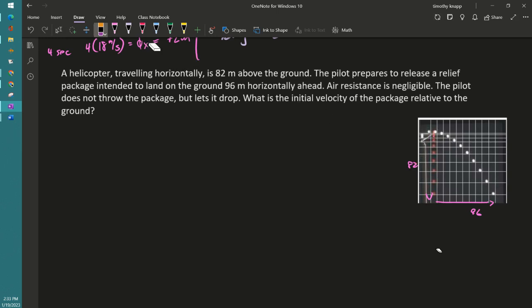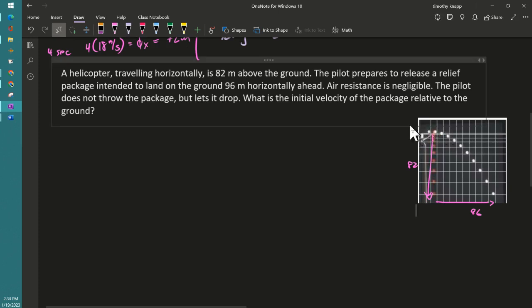And effectively what's happening is, if the helicopter's going too slow through here, then the package will drop here. Okay? If the helicopter's moving fast when he drops this package, moving too fast, the package will drop over here.